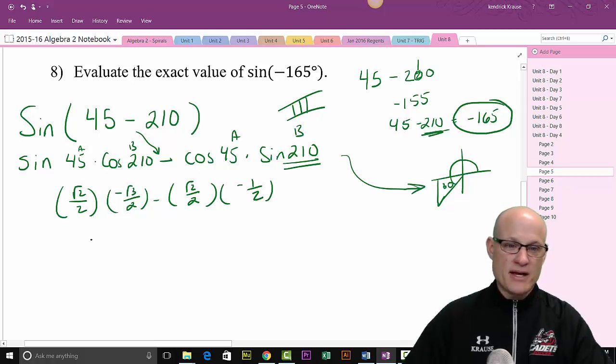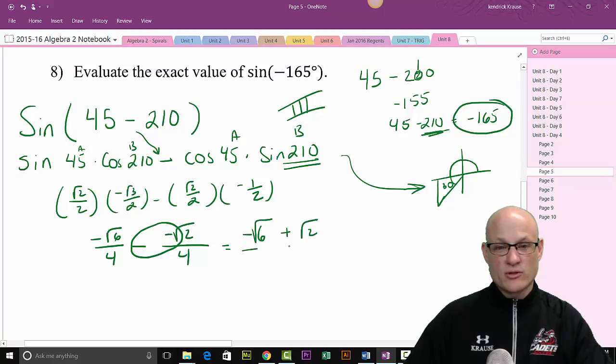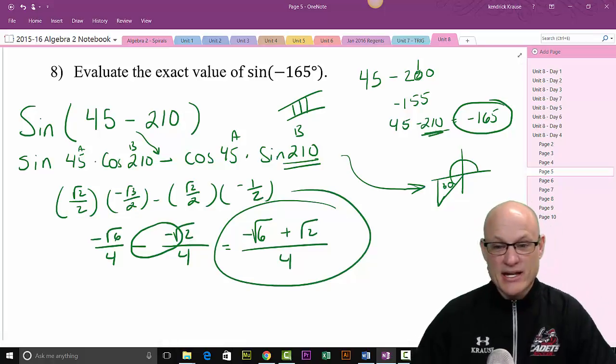All right, this is a mess. Negative radical 6 over 4 minus negative radical 2 over 4. We'll see these two minuses make a plus. So this is equal to negative square root of 6 plus square root of 2, all over 4. Now the good news is that's a lot of work, but I can test my answer.